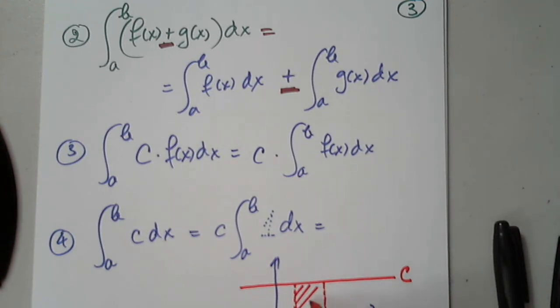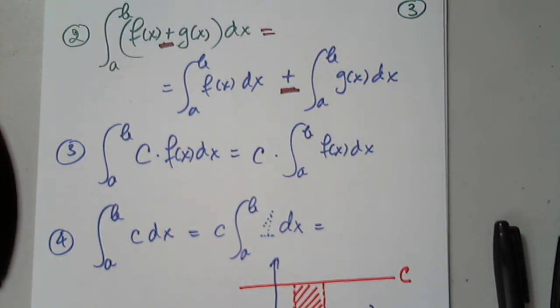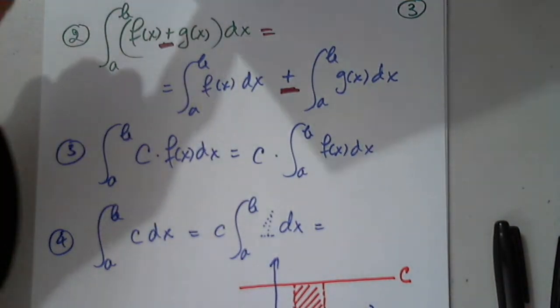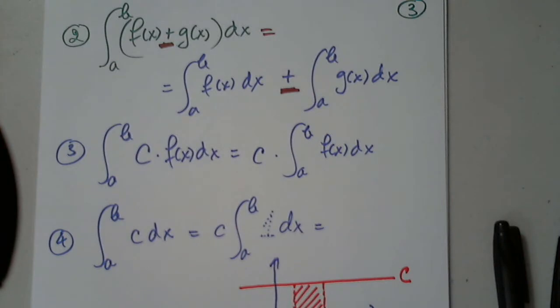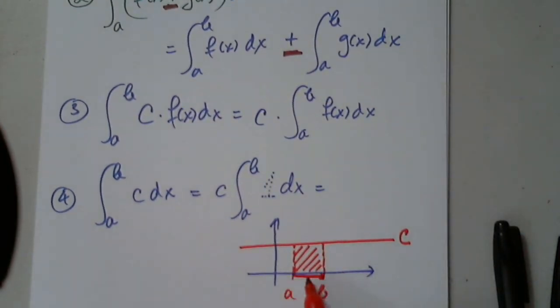Can anyone give us this area without even thinking in terms of integrals? If you can give me the area, I'll put it there. I have the height and I have the base. So what would the area be?